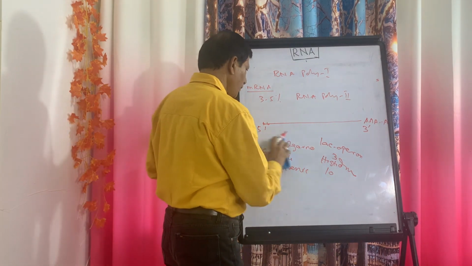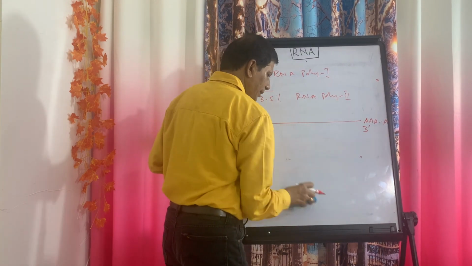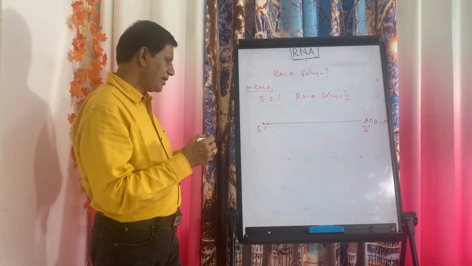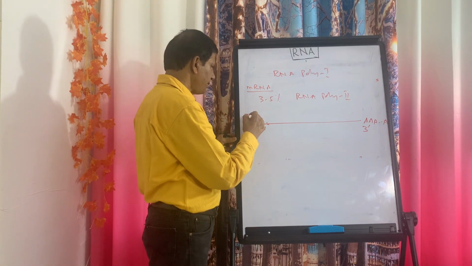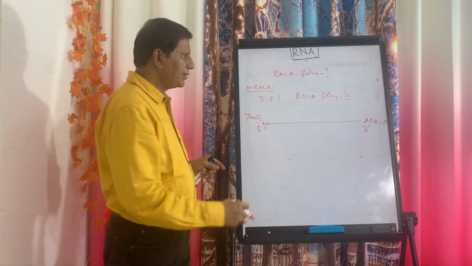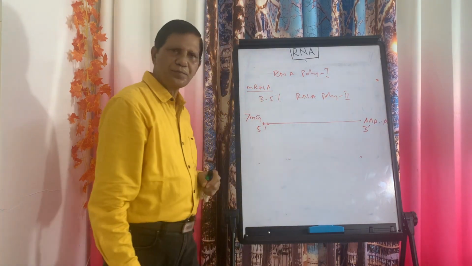In case of eukaryotes, on the 5' side there is a cap, that is 7-methylated guanosine. And on the 3' side, there is polyadenylation.